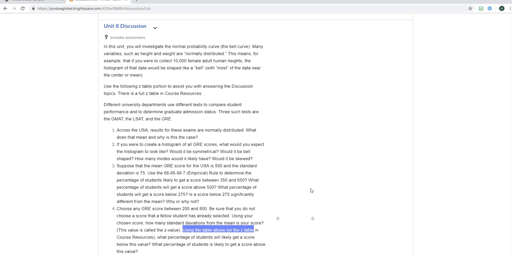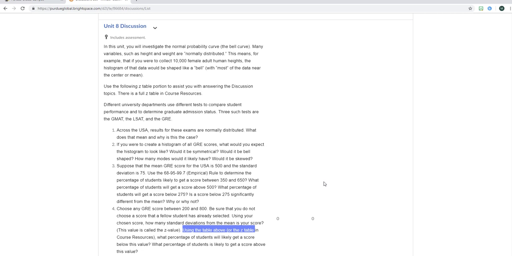And while the answers will be close, you'll want to realize that the empirical rule is just a rough approximation, and the z-tables are more precise, which is why you sometimes get slightly different answers depending on which method you use. And that's why you're going to have to be careful when working on your Unit 8 homework and quiz, because if the directions say to use the empirical rule, then you need to use the empirical rule.